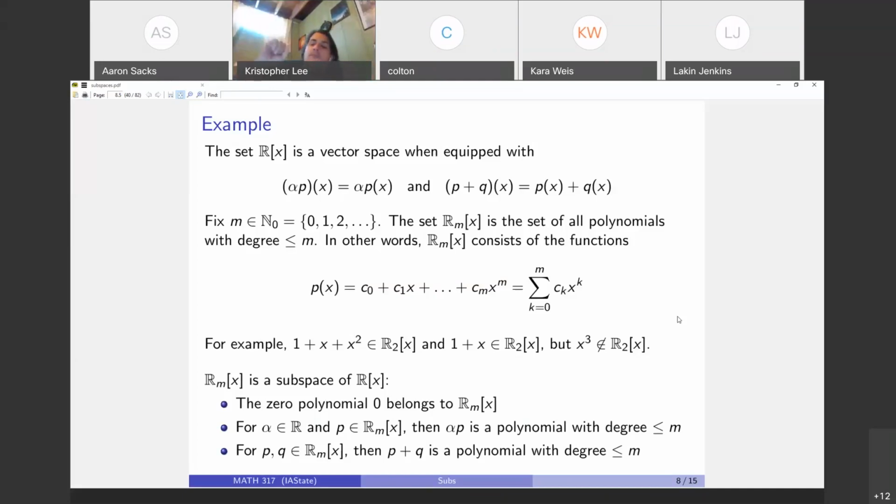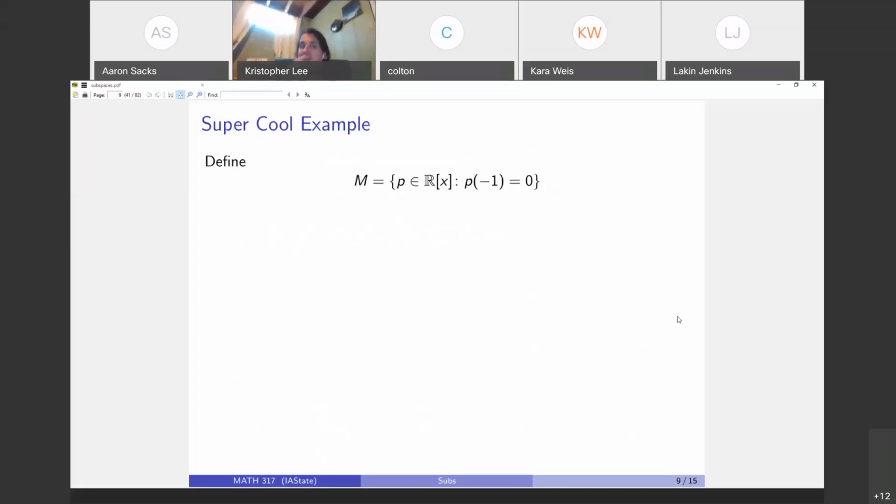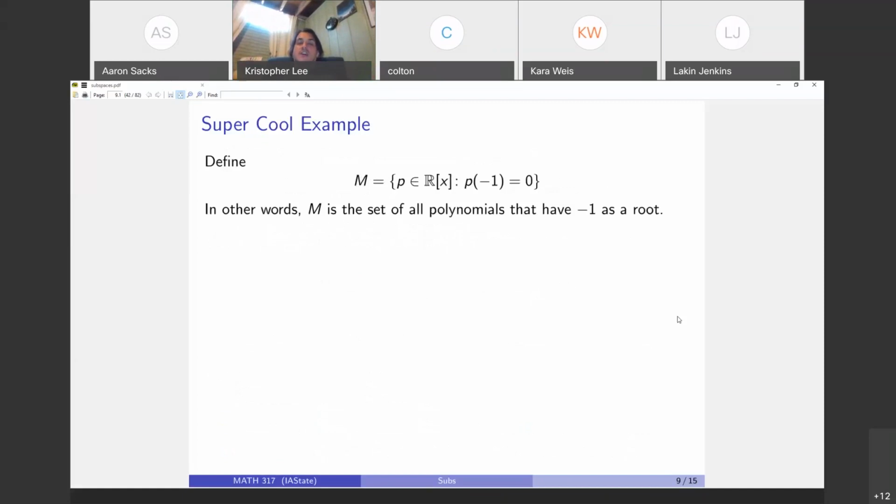Now, before we move on, another classic example of a subspace is the following. This is one of my favorite examples of a subspace. Let M be the collection of all polynomials that have -1 as a root. In other words, if I plug -1 into the polynomial, I'll get 0.